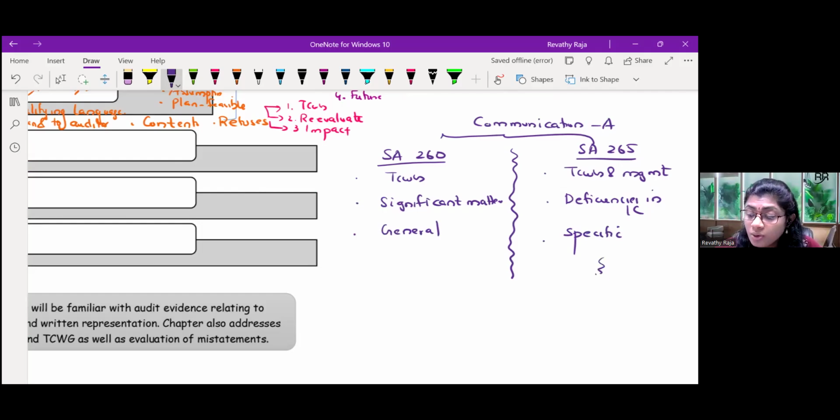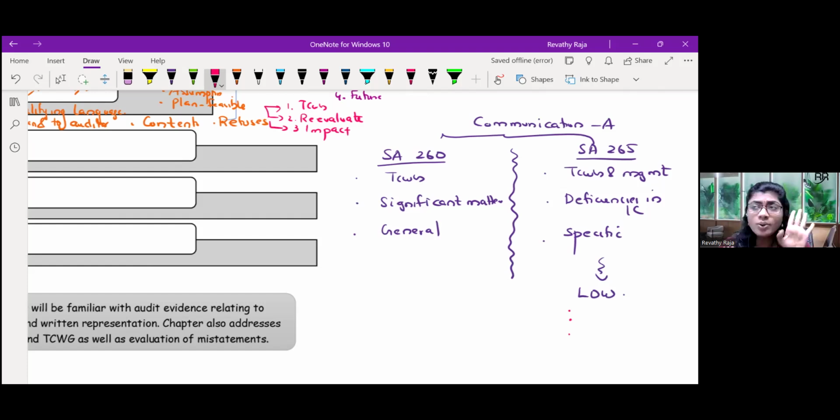Now here you will communicate through a mode called letter of weakness. It's a written communication by the auditor to management and TCWG. In this letter of weakness, you will say what the deficiency is, the potential effect of the deficiency, and, important, you will say you are not expressing any opinion on IC.